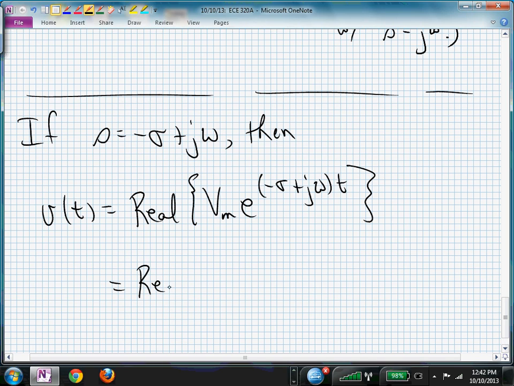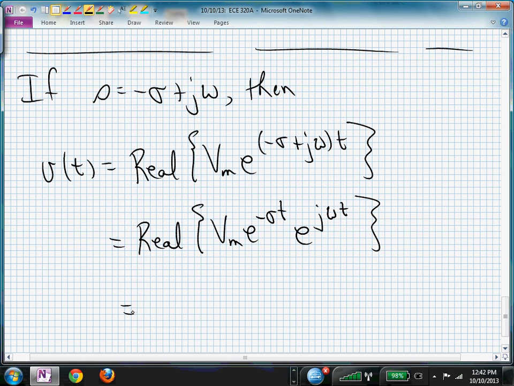But that's just the real part. If we split that exponent, we have V sub m e to the minus sigma t e to the j omega t. The only thing that's complex inside the curly braces right now is the spinning phasor, e to the j omega t. The decay is all real. V sub m is a real number.